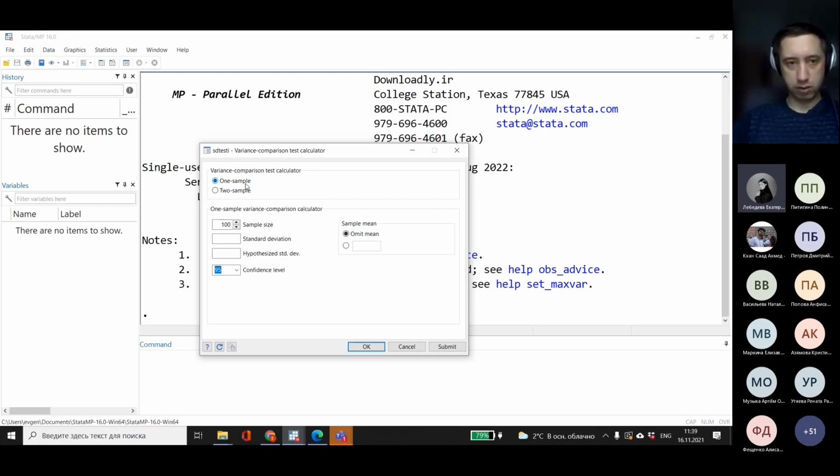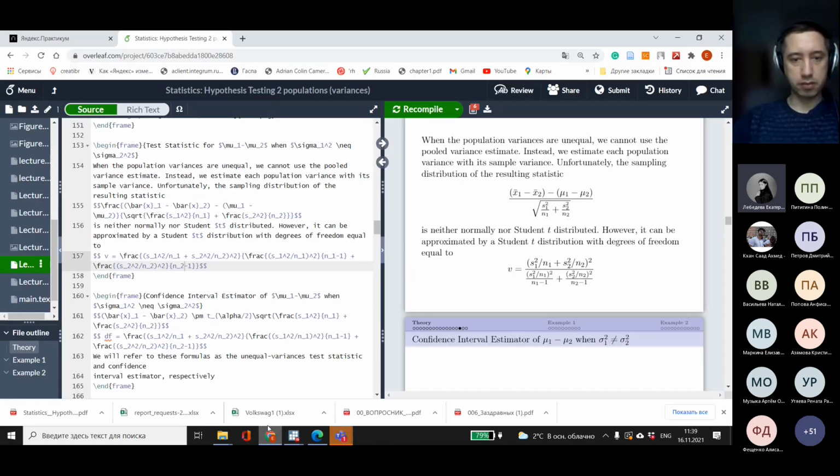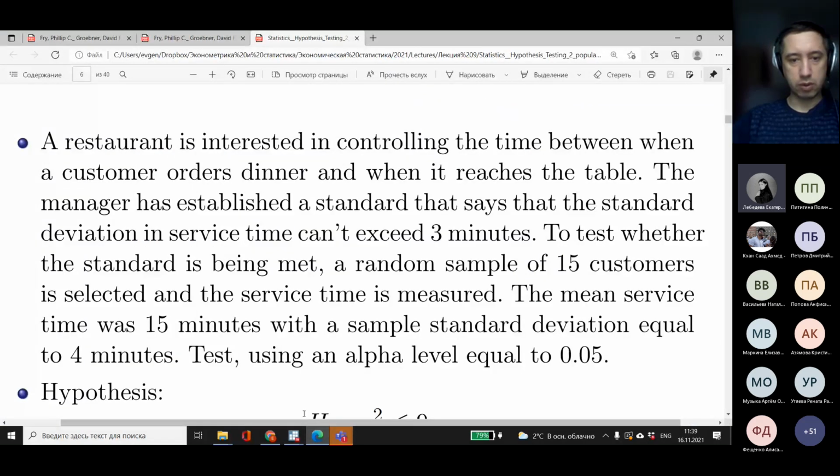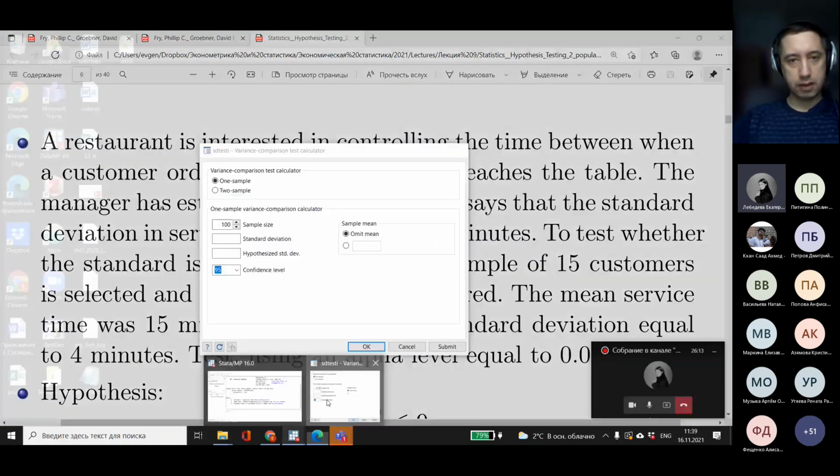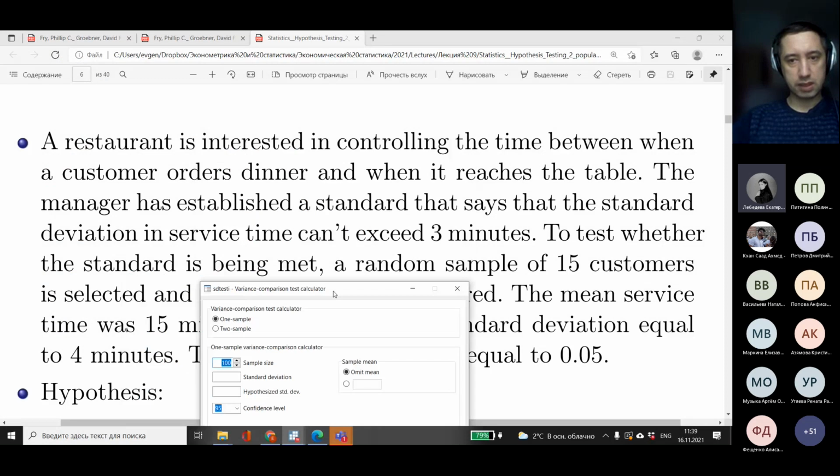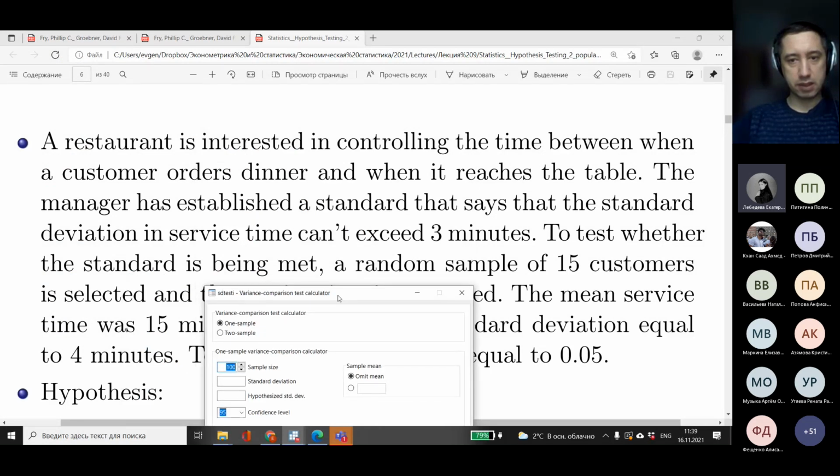Hence, you use this radio button as is. Next, we have to enter sample size. From the task, we see a random sample of 15 customers. Hence, sample size is 15.